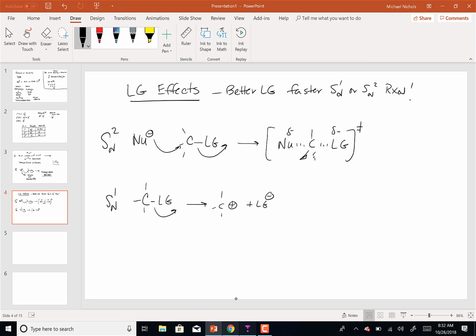So better leaving group, faster reaction for SN1. So the better leaving group will affect both SN1 and SN2. Does that make sense?